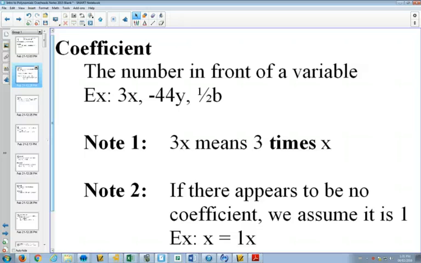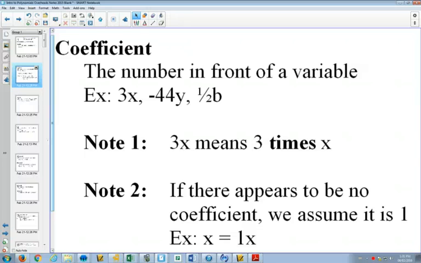So a coefficient is a number in front of the variable. And anytime you have a number right in front of the variable, it means times. So we stop using x for times because now x is a variable. So when we have things right beside each other, like this 3x, it means 3 times x, but we don't write the times symbol.